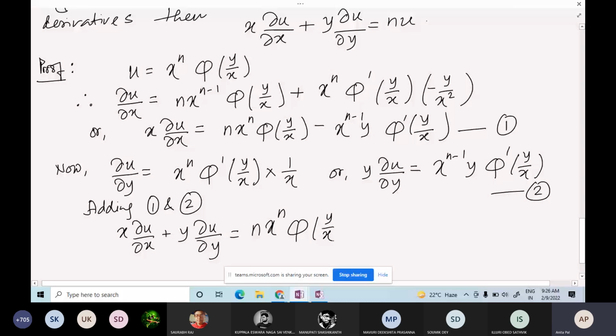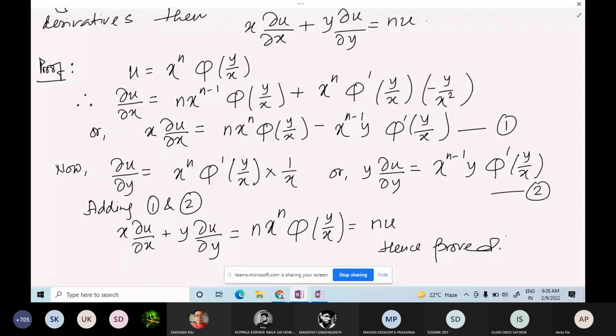Now what is x to the power n phi y by x? It is u. So hence proved. Very simple. In the same manner, you can prove Euler's theorem for 3 variables.